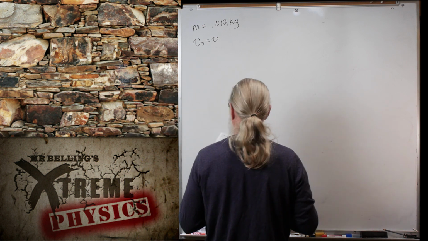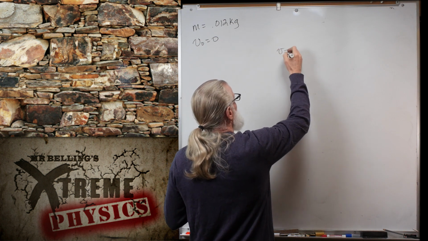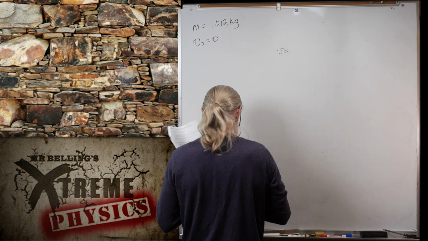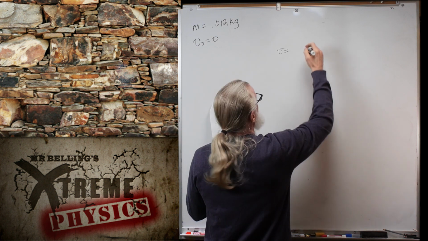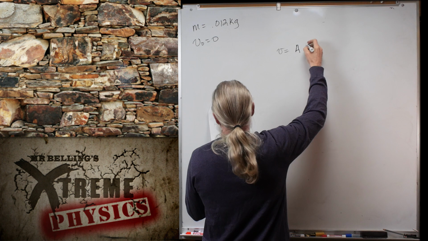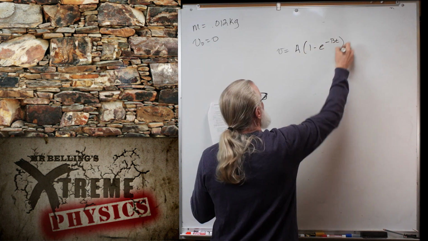All right, let's write that down. We're going to need this. V equals A times (1 minus e to the minus bt).